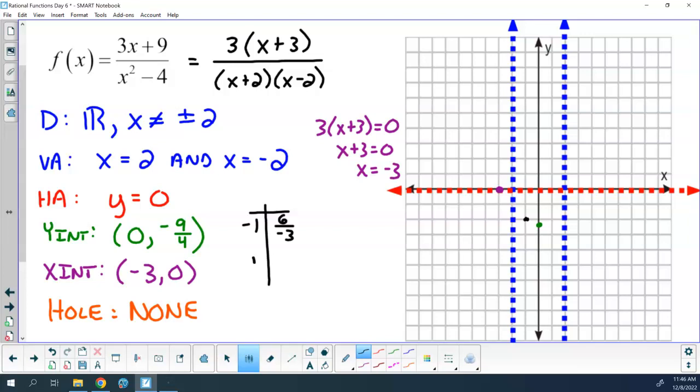If I put in +1, I'd have 3 + 9, which is 12, and then 1 minus 4 is -3. That's going to be -4. So really, in this middle one, it still has to turn down on both sides, but it looks a little goofy. It's got a little bit of a tilt to it because of that x value on top.